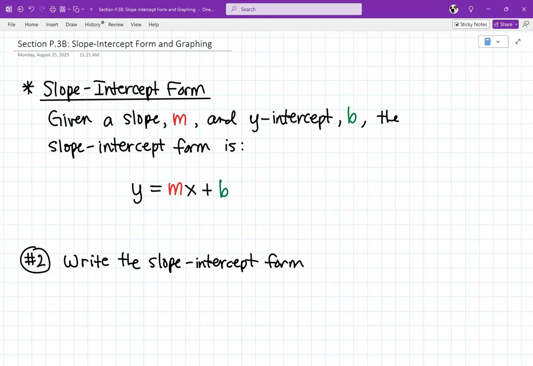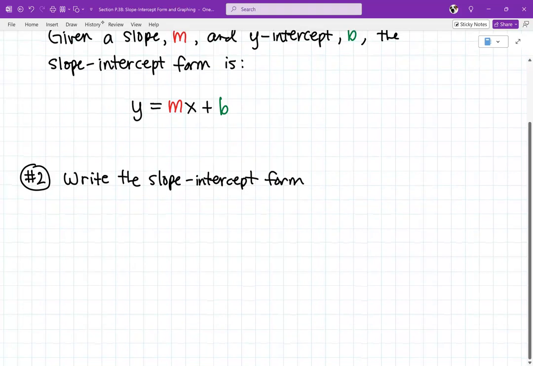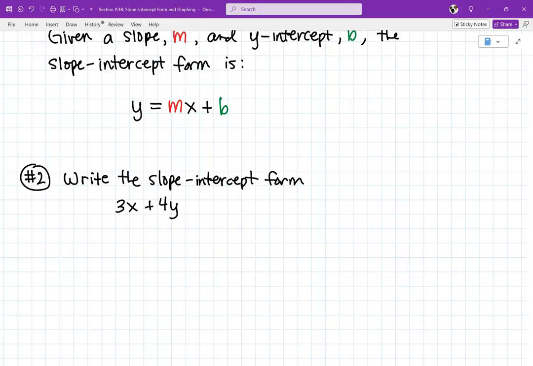Again, slope-intercept form is y equals mx plus b. The easy way to remind you is just solve for y. Solve for y. And here's the equation they give us for number 2. It's 3x plus 4y equals negative 24.